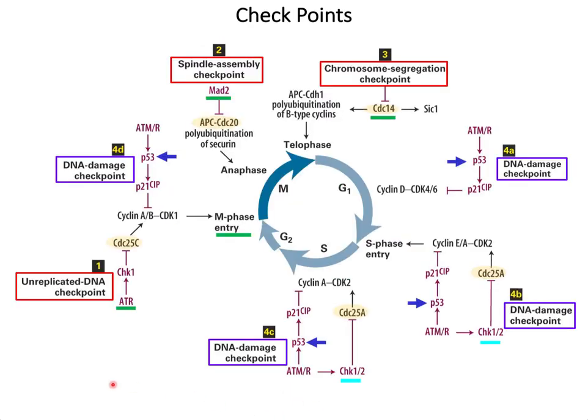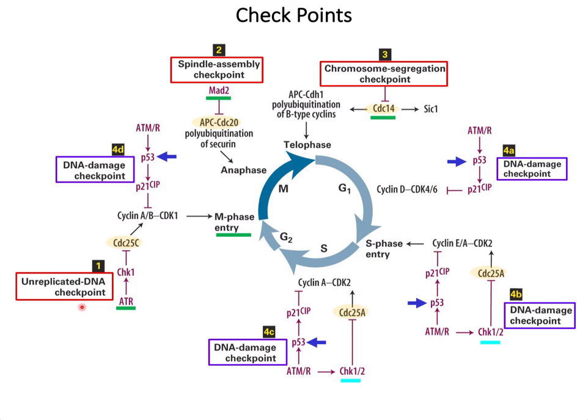As I mentioned at the beginning of the segment, there are a number of checkpoints, and the cell can actually halt the cell cycle at these checkpoints if necessary. There are 4 checkpoints. There is an unreplicated DNA checkpoint, shown as number 1.